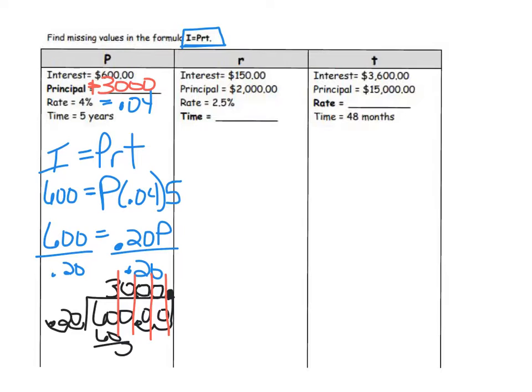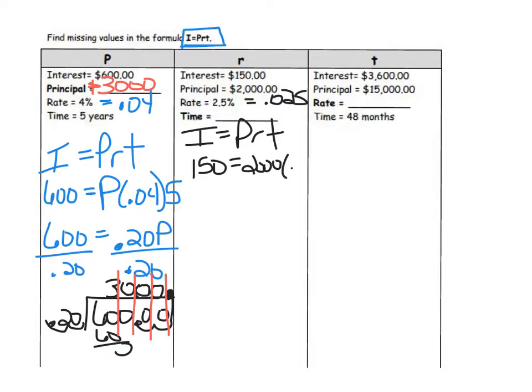Okay, let's try the next one. Next one, same thing. We have interest equals principal, rate, and time. Okay, the interest is $150. The principal is $2,000. The rate again needs to be in decimal form, so that's going to be point what? 0.025.